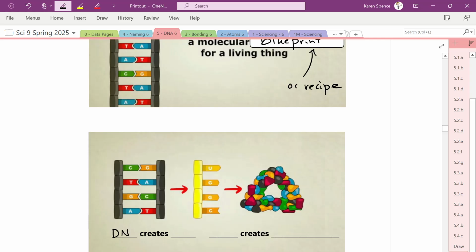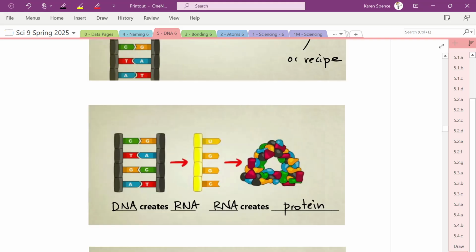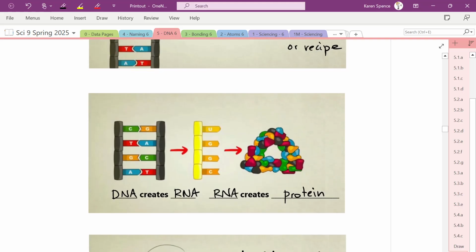DNA creates RNA. And RNA creates protein. And we're going to learn a couple more words. This process here, DNA creates RNA, that process is known as transcription.